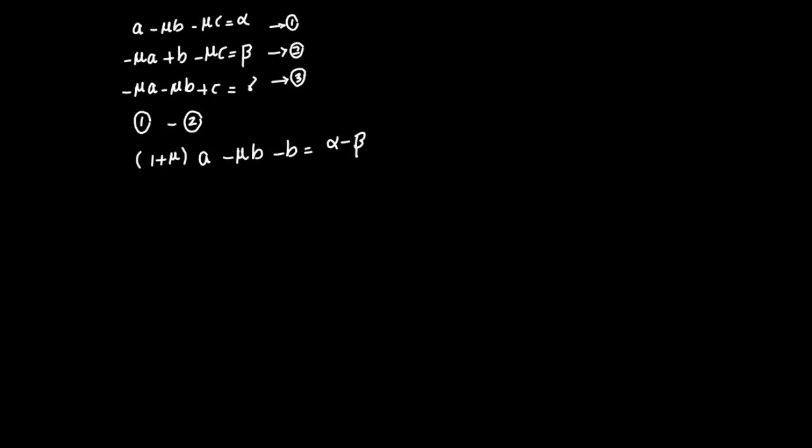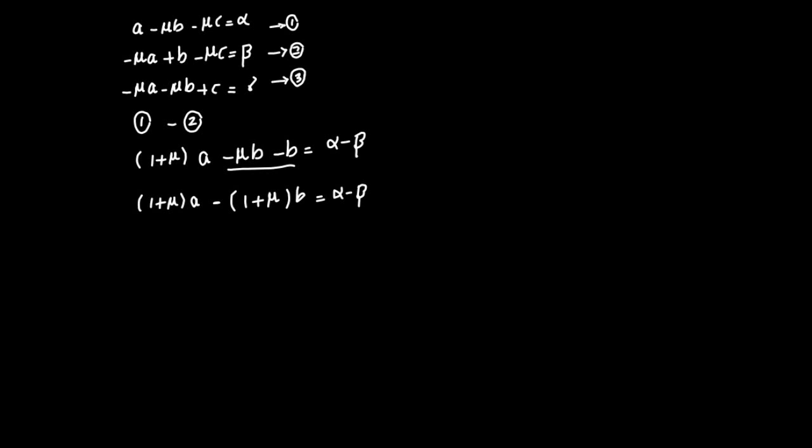Okay. Now I can just pull minus B outside from this equation. I can write it as 1 plus mu into A, and if I pull that minus B outside, I'll be getting 1 plus mu, right, is equal to alpha minus beta.